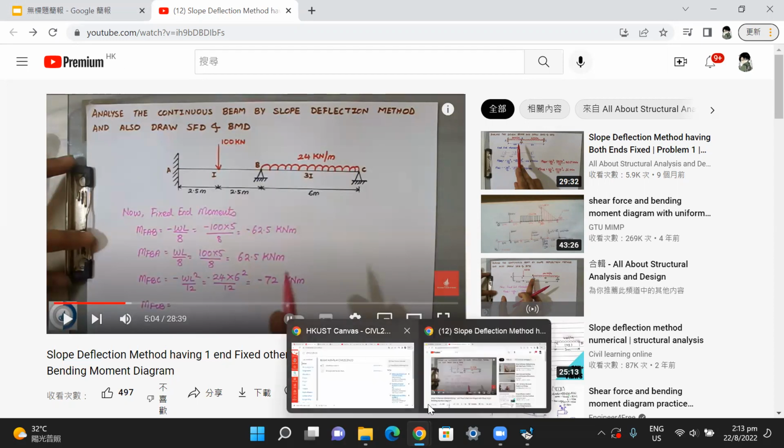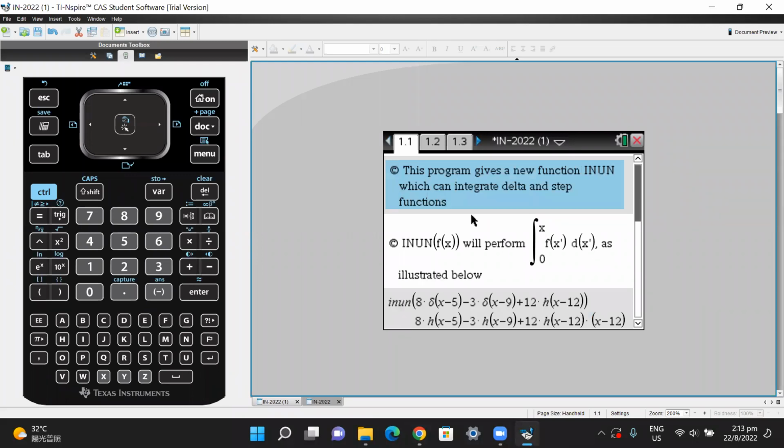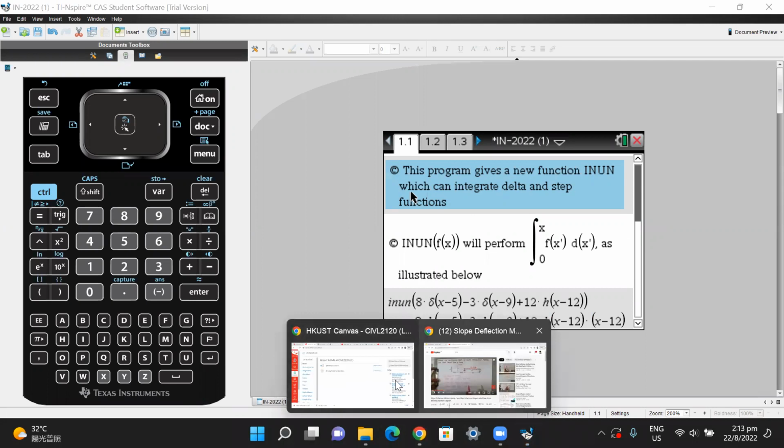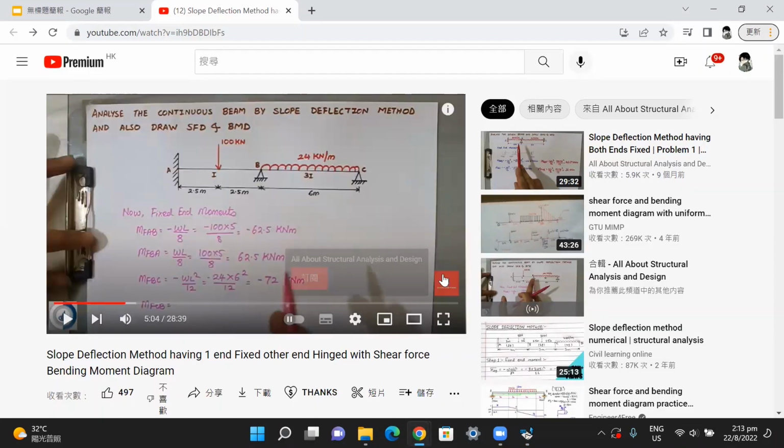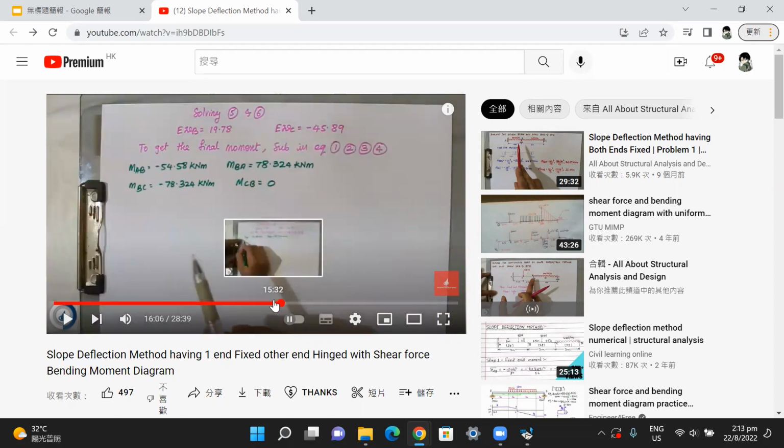Although I think this innovative method by using calculator and the function is quicker and more efficient and more accurate, because it rounds off the answers like this, here for 2 decimal places or 3 decimal places.